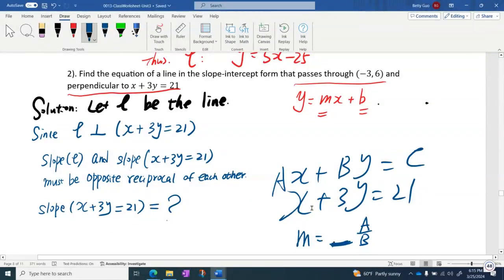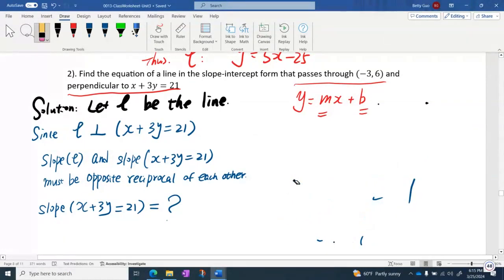In this case, it's x plus 3y equals 21. Feel free to share your answer.